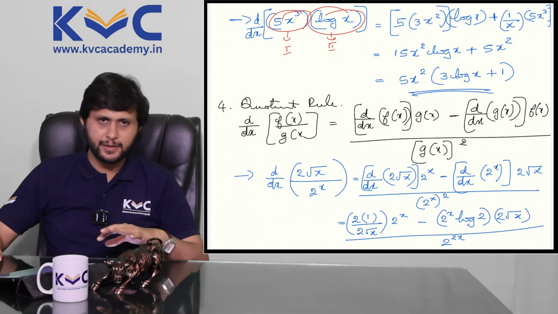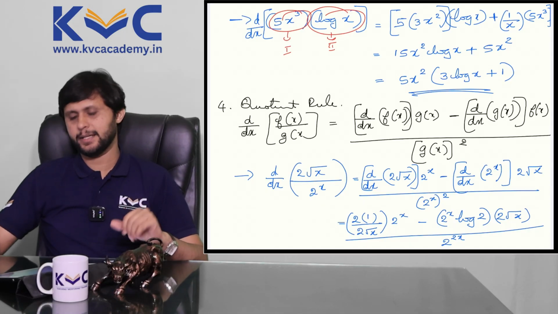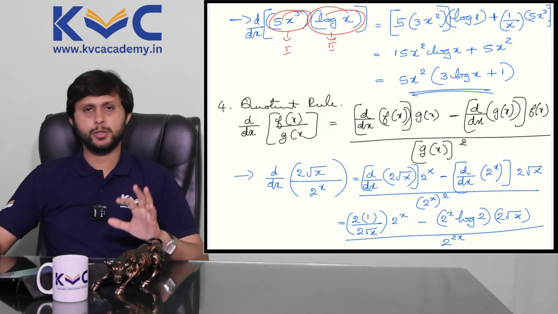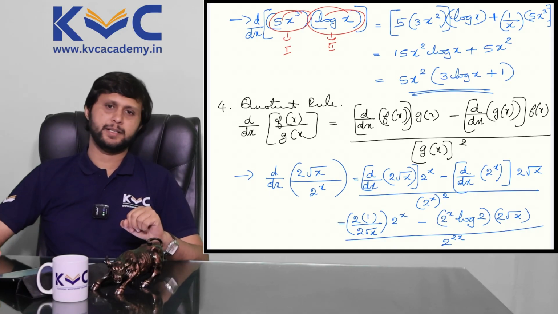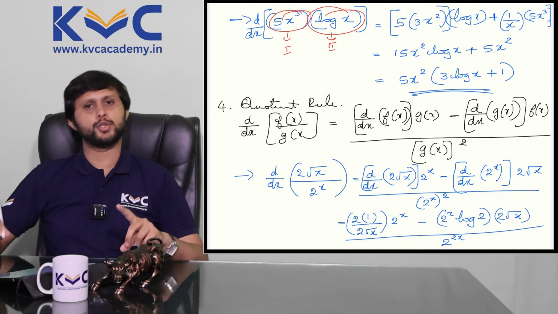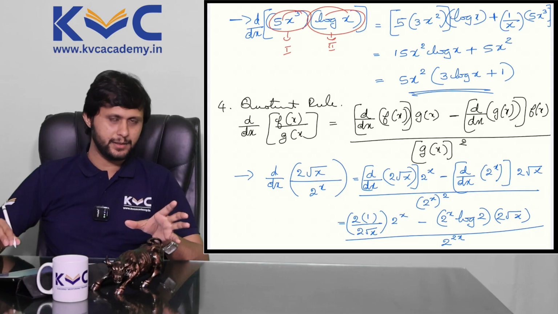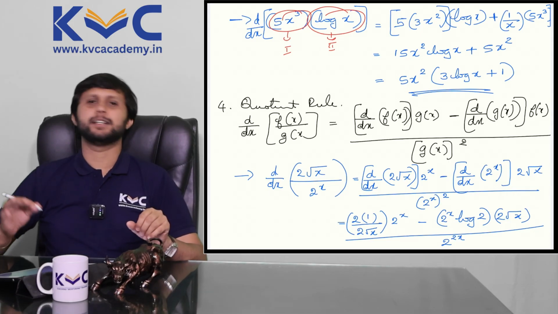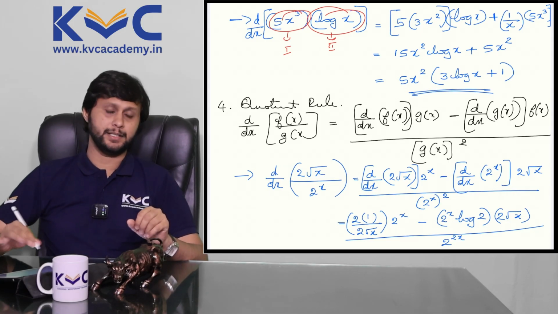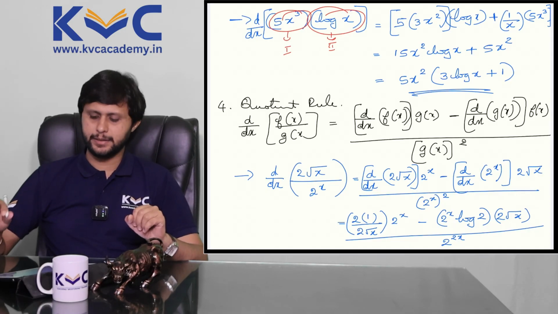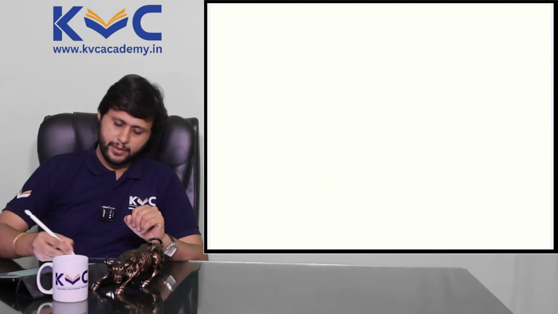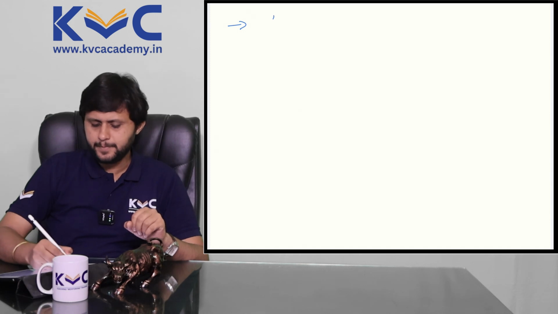I'm not going to simplify further over here, because when there are options we can simplify. As I told you, here it's only about differentiation. Rule you should remember: differentiate numerator, denominator as it is, differentiate denominator, numerator as it is, all divided by denominator square.